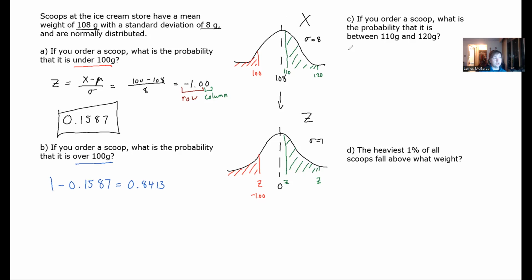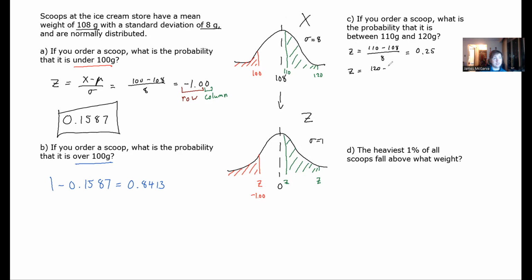So we're going to do first 110 minus 108 over 8. That gets me 0.25, my first z-score. For my second z-score, I'm going to use the 120.